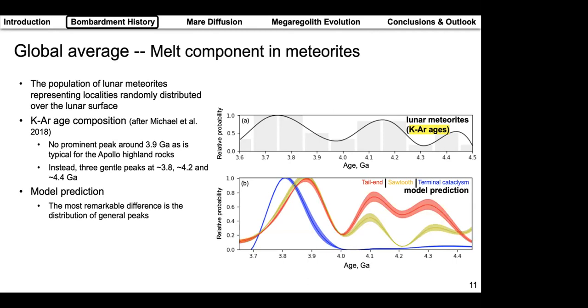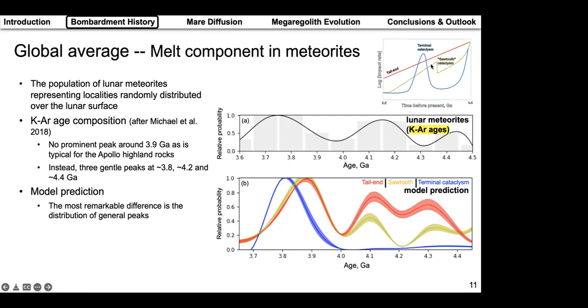The different colors suggest different inputs of impact flux. The red ones on the upper right plot are related to the tail end models. The blue one is the terminal cataclysm, with the very sharp peak here, and the yellow ones represent the sawtooth models.